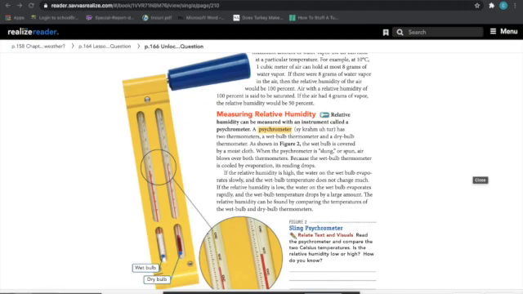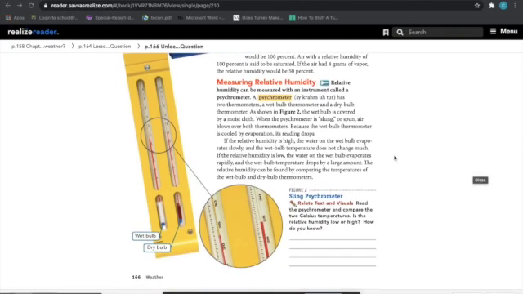So, how is relative humidity measured? Relative humidity can be measured with an instrument called a psychrometer. A psychrometer has two thermometers, a wet bulb thermometer and a dry bulb thermometer. As shown in Figure 2, I'm going to scroll down so you can see Figure 2 a little bit better. The wet bulb is covered by a moist cloth. When the psychrometer is slung or spun, air blows over both thermometers. Because the wet bulb thermometer is cooled by evaporation, its reading drops.